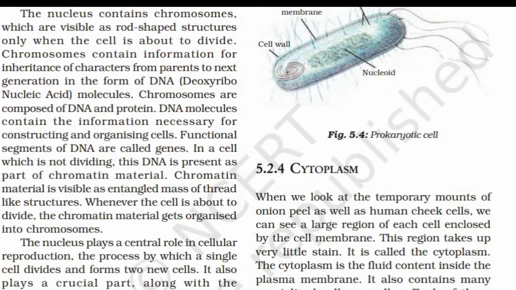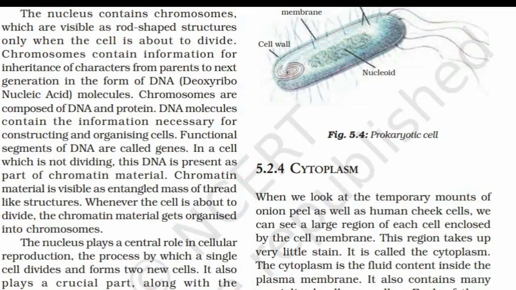In a cell which is not dividing, this DNA is present as part of chromatin material. So in a cell which is not dividing, this DNA is also present, but as part of chromatin material. What is chromatin material? It is visible as entangled mass of thread-like structures. It is entangled, not so well organized. Whenever the cell is about to divide, the chromatin material gets organized into chromosomes.